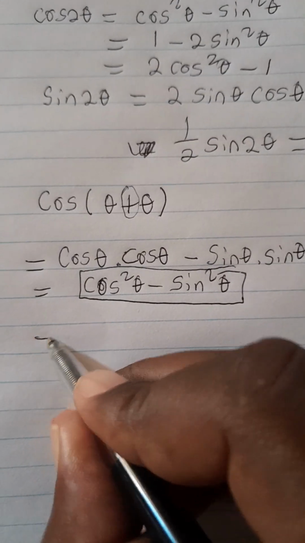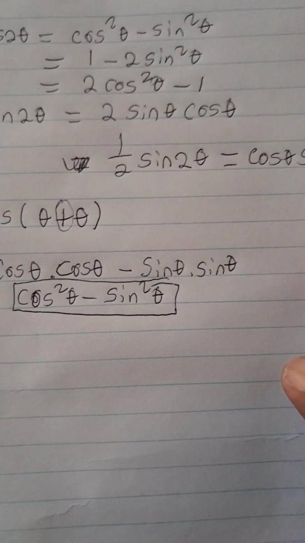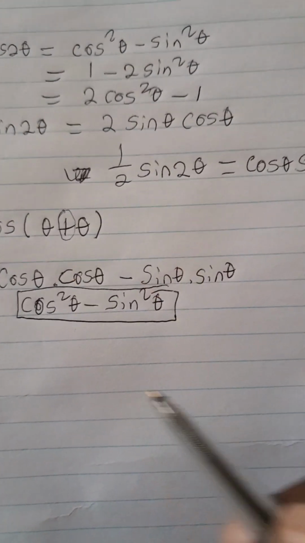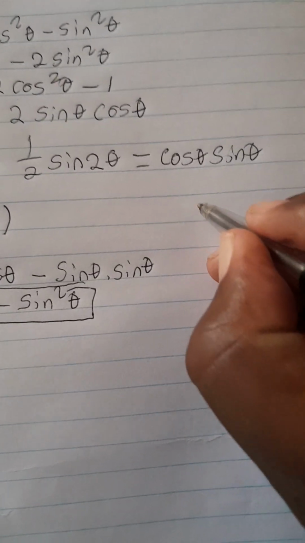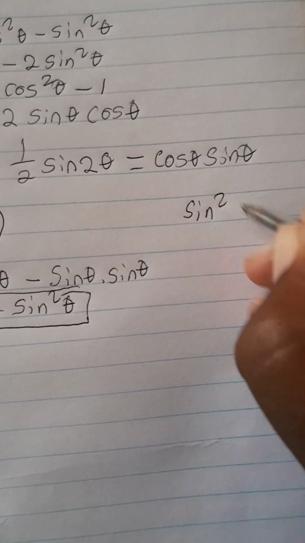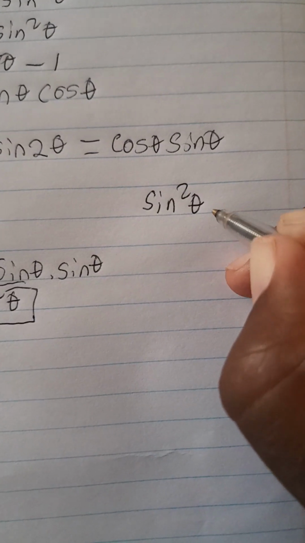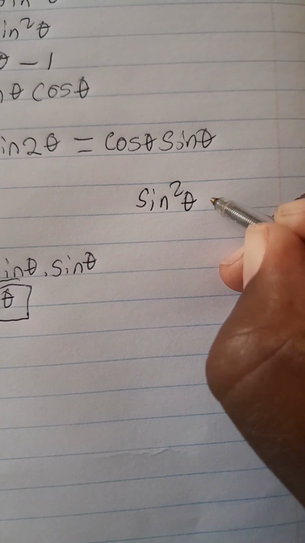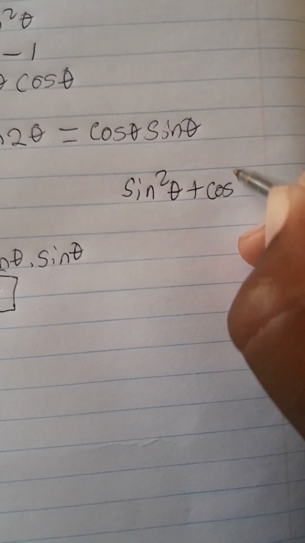So let's derive the second one, which is 1 minus 2 sine squared theta. To make life easier, to derive the other, we need to change one of these. How do we do that? You may recall from Grade 11, you learned about an identity called the square identity. So it's sine squared plus cos squared, which always equals 1.